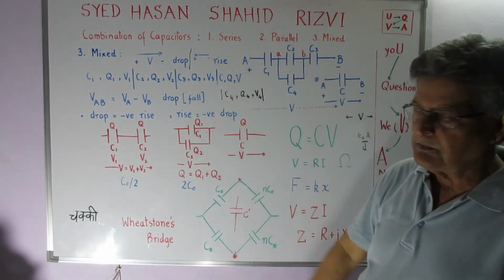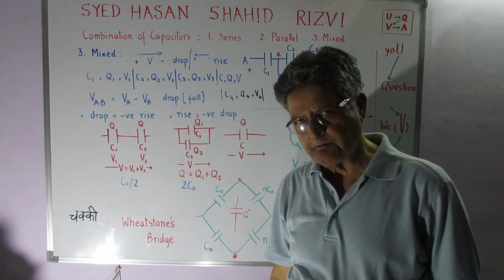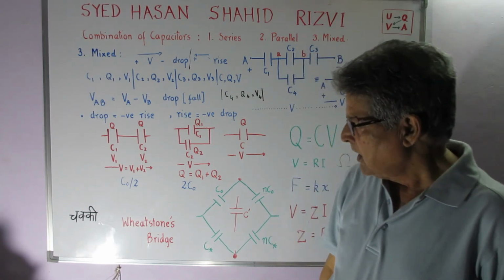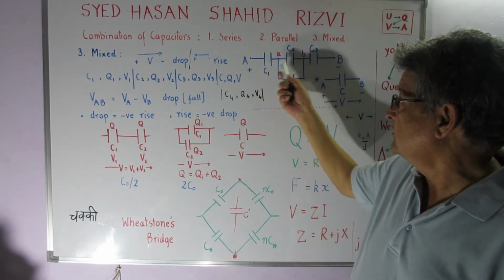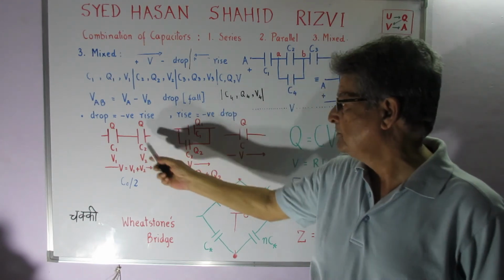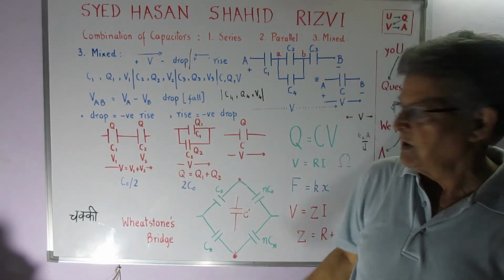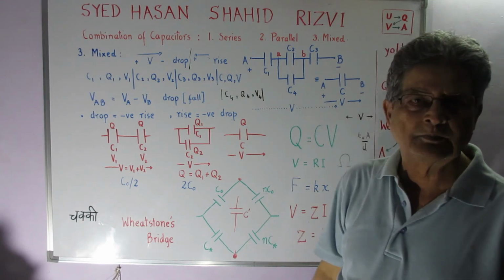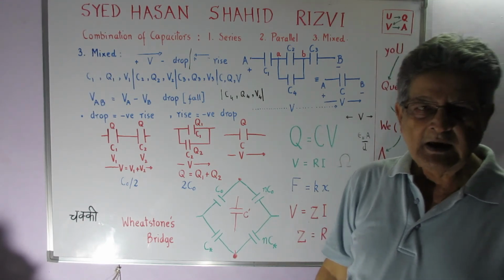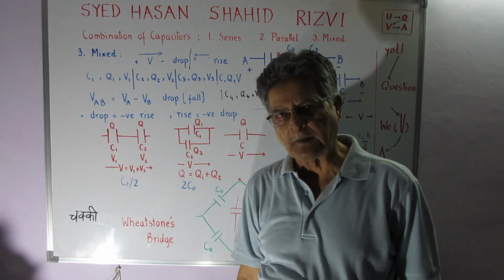In that small time, there is always a current through all these capacitors in any combination. Even in this simple case, there is a current which is flowing.